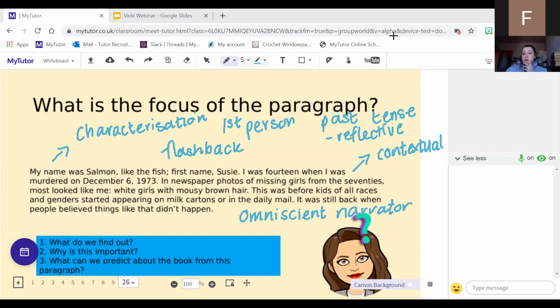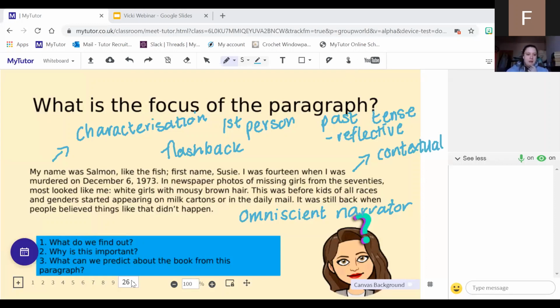Yeah, we're going to be told how she was murdered. So within the first short paragraph, we've already been told what the book's going to be about, and basically it's a big spoiler. We're going to find out how Susie was murdered and what happened as a consequence of that. Absolutely cracking. Well done, guys.